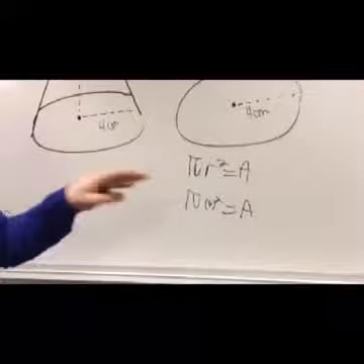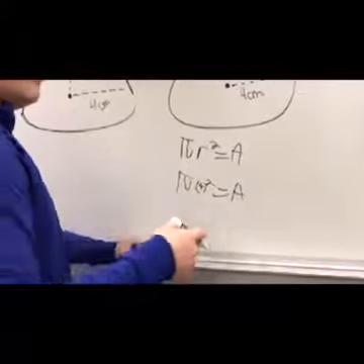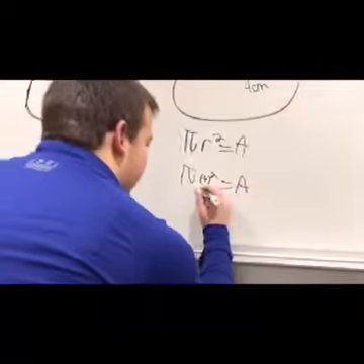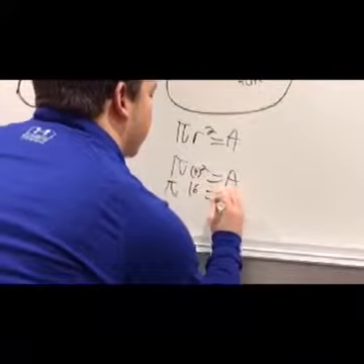So first the area, 4 to the second power is going to be 16, times pi equals area.